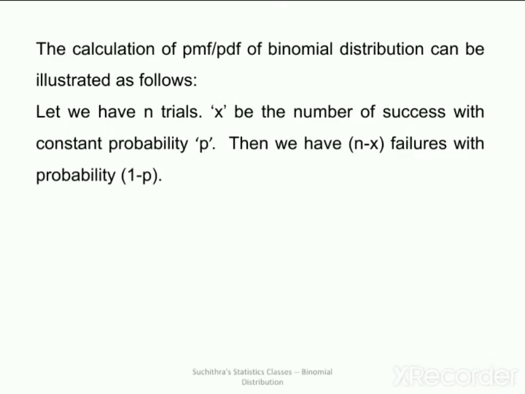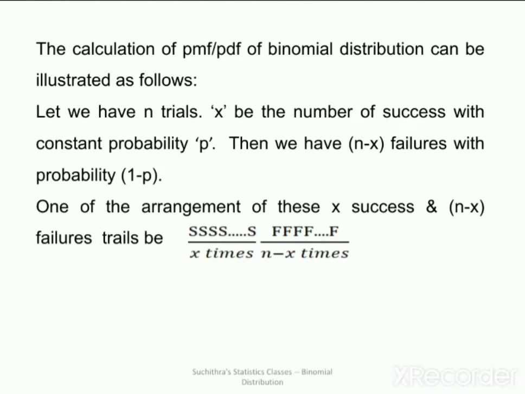X be the number of successes with the constant probability P. Then we have n minus x failures with the probability 1 minus P. One of the arrangements of these x successes and n minus x failures is SSS x times followed by FFF n minus x times.